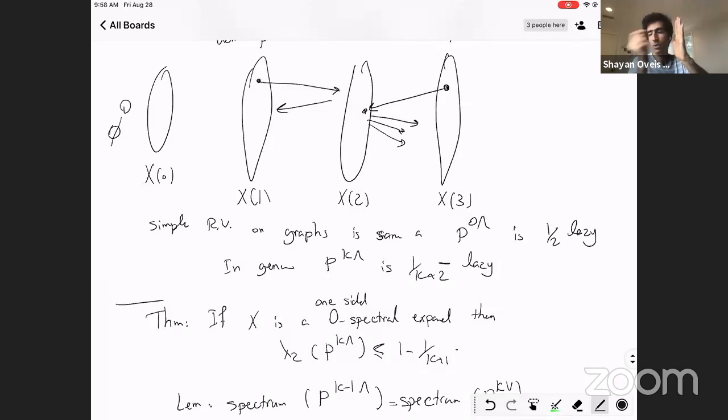One of them starts from k minus 1, goes to k, and comes back to k minus 1. The other one starts from k, goes to k minus 1, then comes back to k.